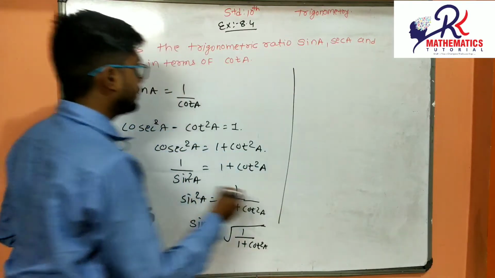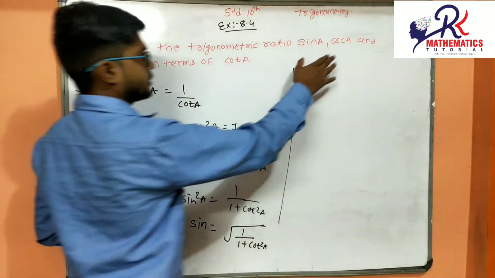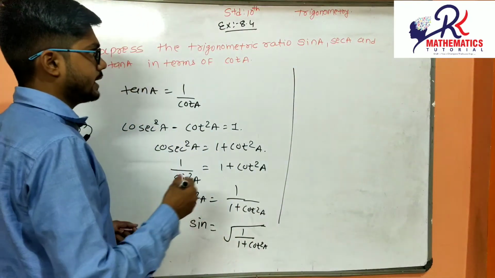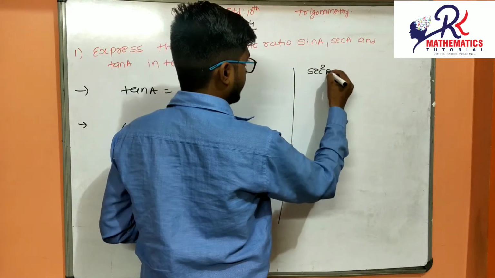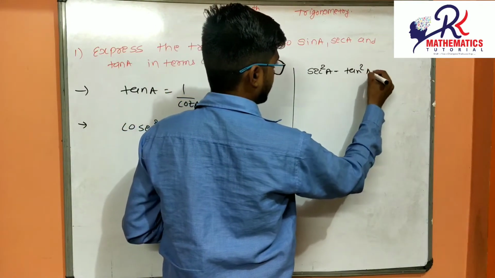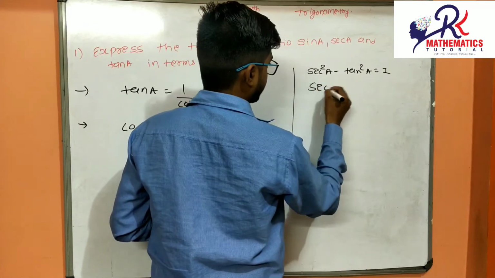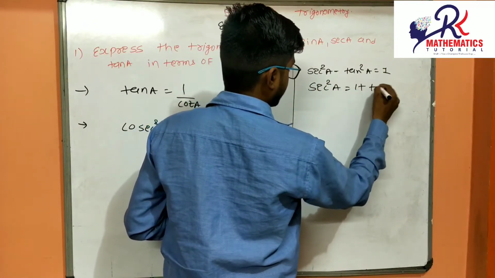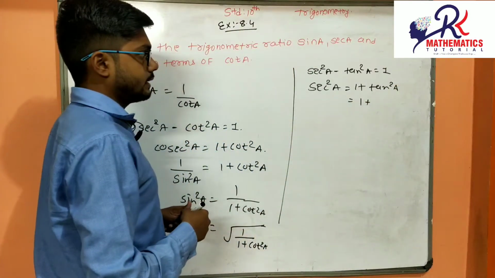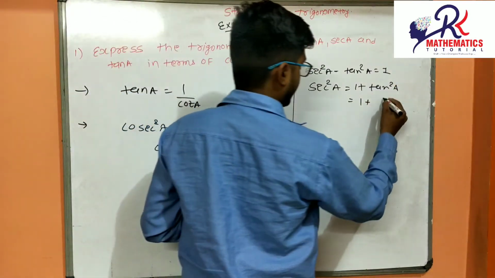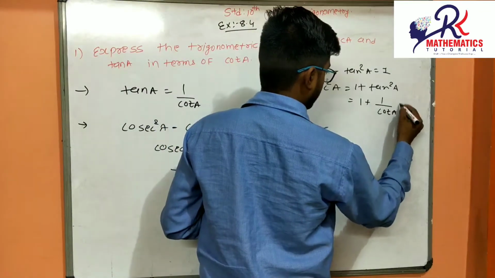Now the third one, we have to find sec A. For sec A, we know sec square A minus tan square A is equal to 1. So sec square A is equal to 1 plus tan square A. Now here tan is the inverse of cot, so we can write (1 upon cot A) whole square.